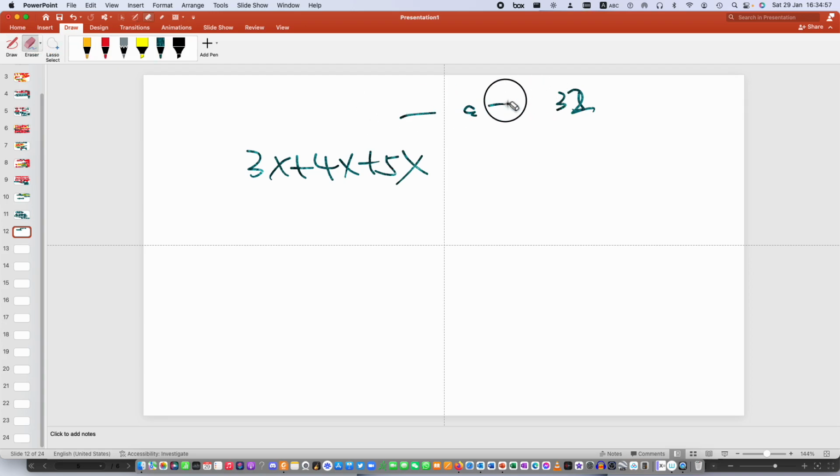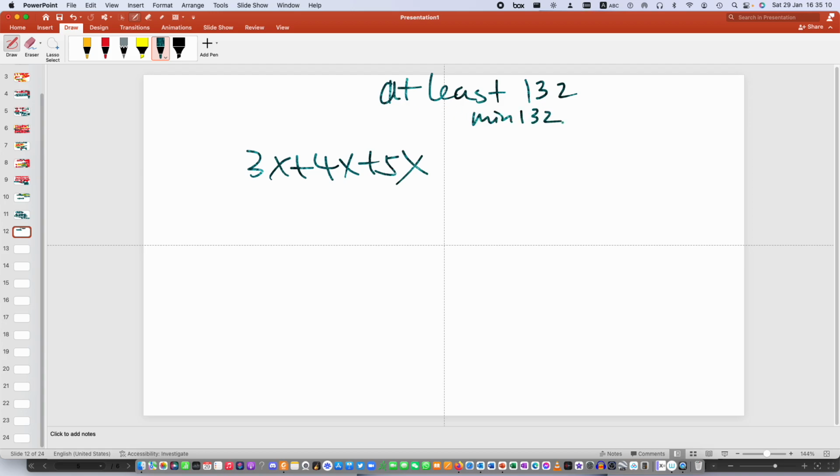So what's the meaning of at least 132? Minimum 132 or maximum 132? Minimum 132. So minimum 132, that means go right or go left? Right. 133 is possible, 134 is possible. So bigger or equal? You are going this way. So bigger. Yeah, very good.